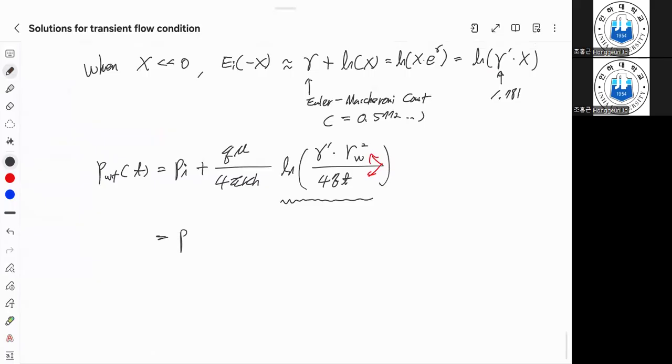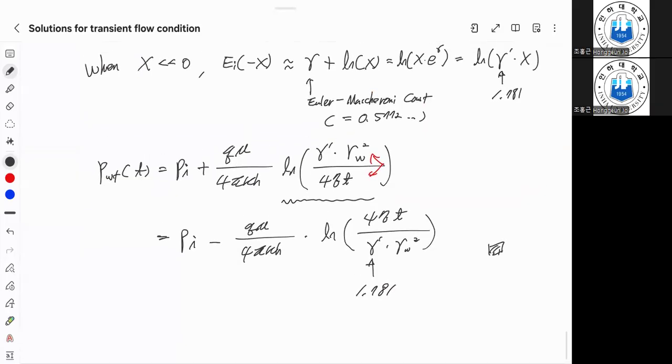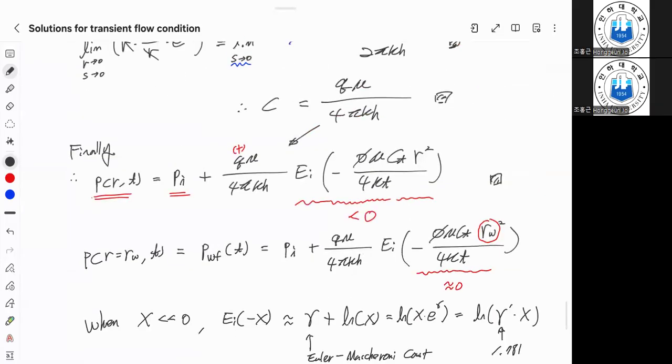So this can be pi minus q mu over 4 pi kh times ln of 4 eta t over gamma prime times rw square, and again this number gamma prime is equal to 1.781. And this is it. This is the final solution for the transient flow.